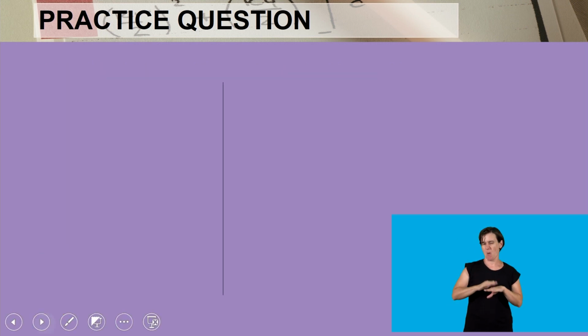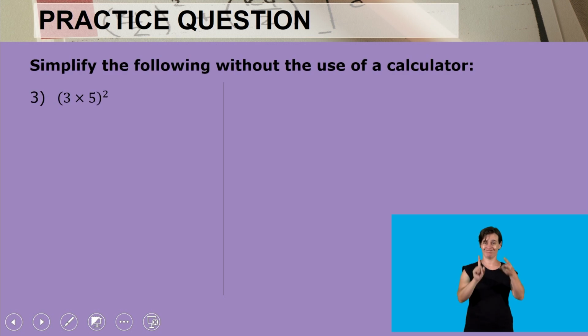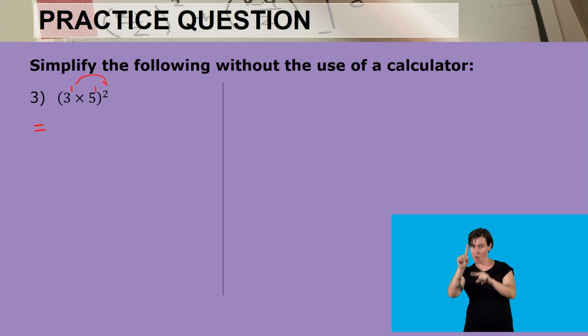Let's look at more of these questions. The next one says simplify the following, again without the use of a calculator. We have a product that is raised to an exponent, something that we just did with the second expression. We've been given 3 multiplied by 5, and this is raised to an exponent 2. The 3 has an exponent of 1 and the 5 has an exponent of 1, so we are going to multiply each exponent within the product by 2.